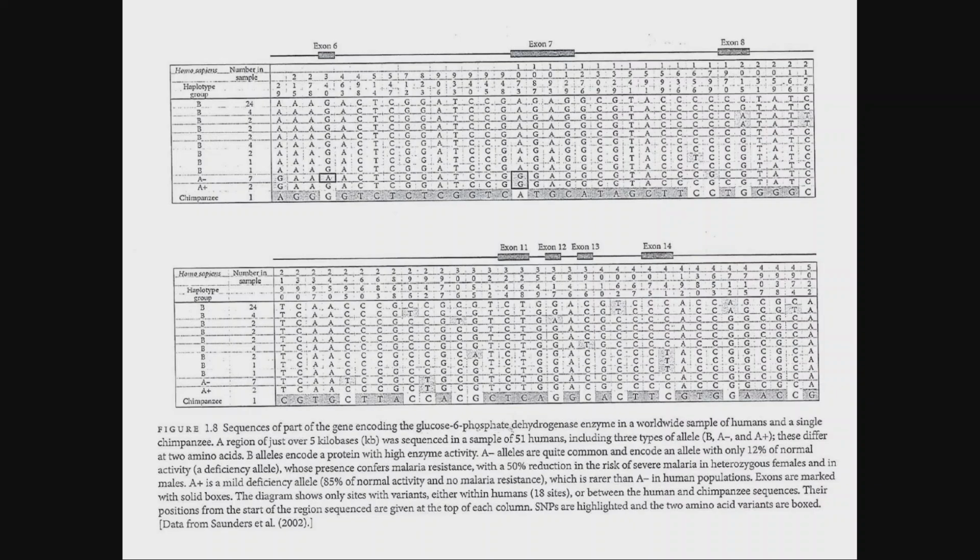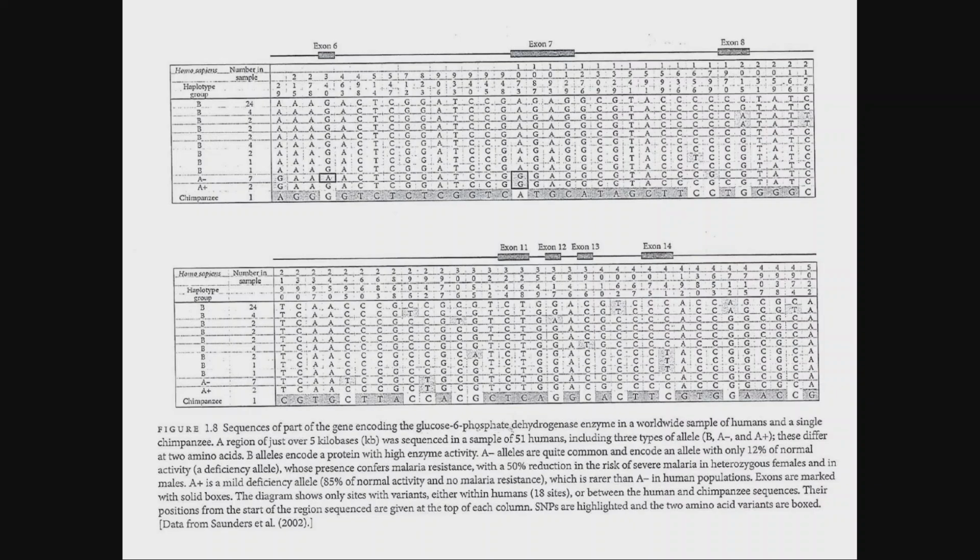So we can also ask, how is the A plus allele different from everyone else, from A minus and B? And the A plus differs from the other alleles by having another amino acid variant at this position, namely G. And then, this is really hard to see on this bad scan. With some fantasy, you can see that there's some boxes that are highlighted here, but without the bold outline. And so these are single nucleotide polymorphisms.